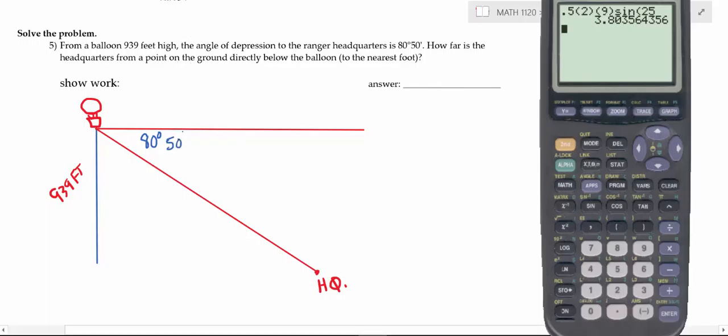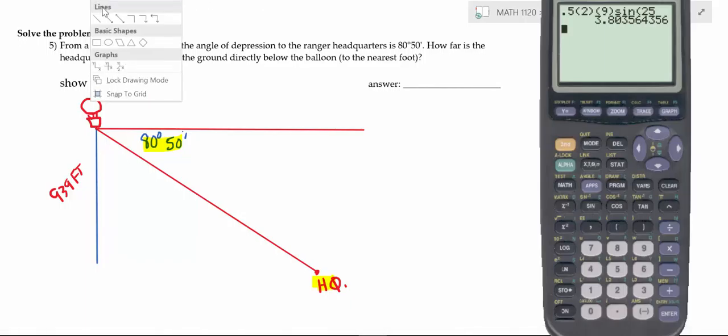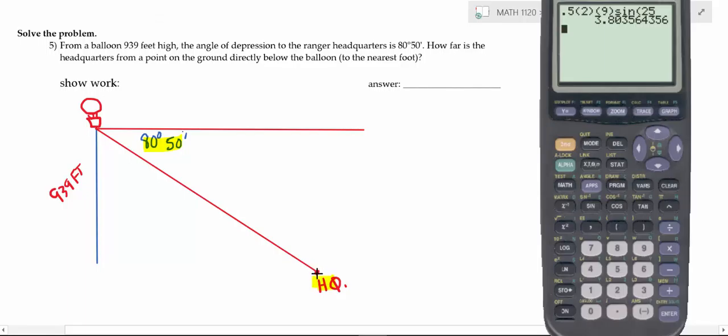Okay, so we've got those two parts. Now it says how far is the headquarters, this part, from a point on the ground directly below the balloon. What you'd probably want to do on this problem is assume that that's at a right angle, so we have a right triangle, and then we can do right triangle trigonometry.